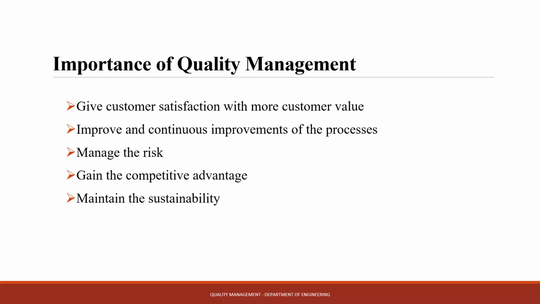We can make sure that our end product and end service not only satisfy, but also delight them. I told you that we can satisfy the customers or else we can delight them, right? If you meet the expectation, that means you satisfy them. If you exceed the expectation, that means you delight them, right?